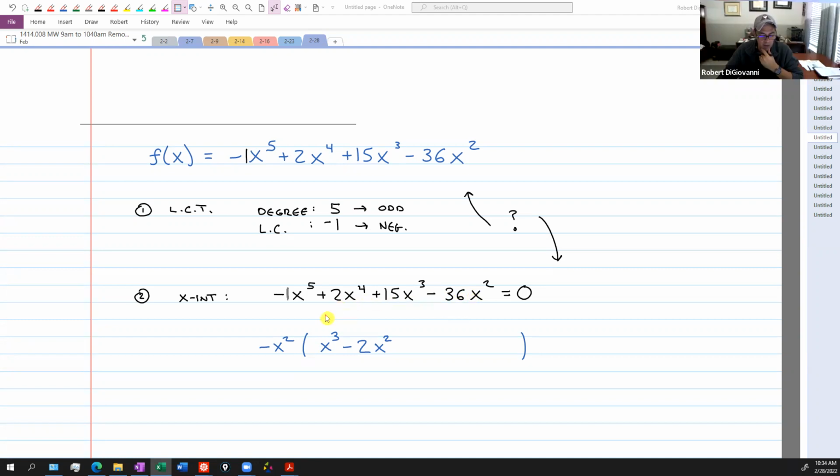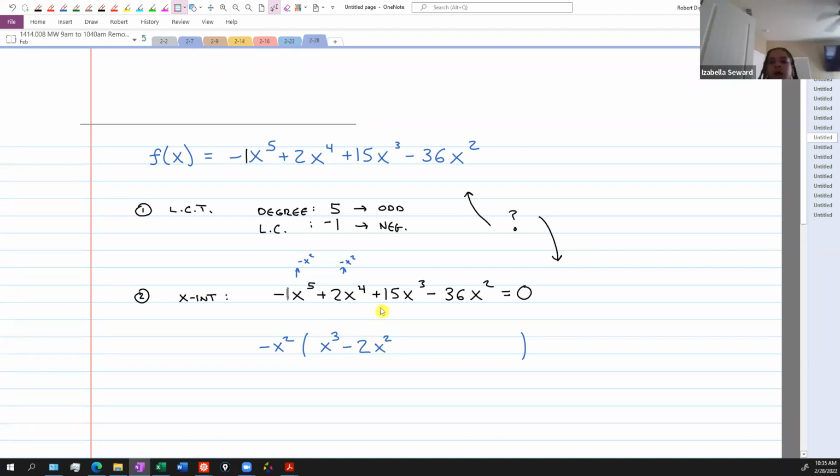What we're doing is noticing that every one of these terms has a negative x squared in it, and we're pulling it out of each one of them. When I pull a negative away from this, I'm left with a positive, and when I pull 2 of the x's away, I've got x cubed. When I pull the negative away from this, I still have the 2, but it's now negative, and then I pull 2 of these x's, so I have x squared. Same thing here. I pull the negative away, so I'm going to have negative 15 and now just an x because I pulled 2 of the x's away.